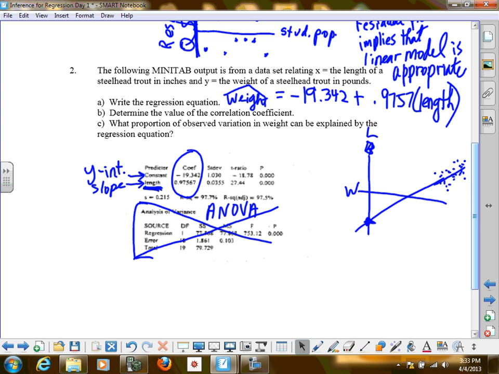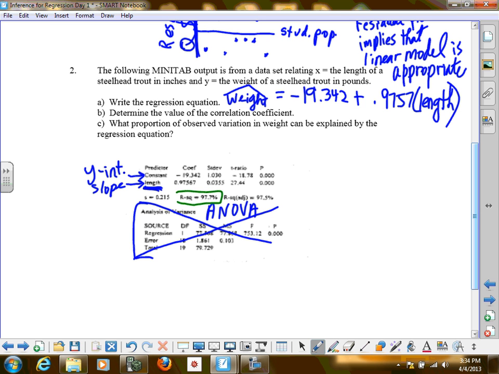Okay, next, determine the value of the correlation coefficient. What is that? So what? R, good. Where do I get R on this thing? From the what? R squared, good. Here is R squared. They won't tell us R, they'll just tell us R squared.